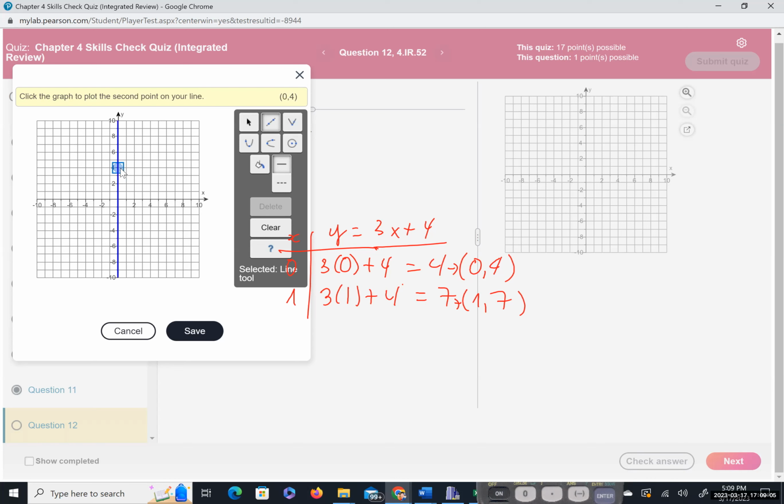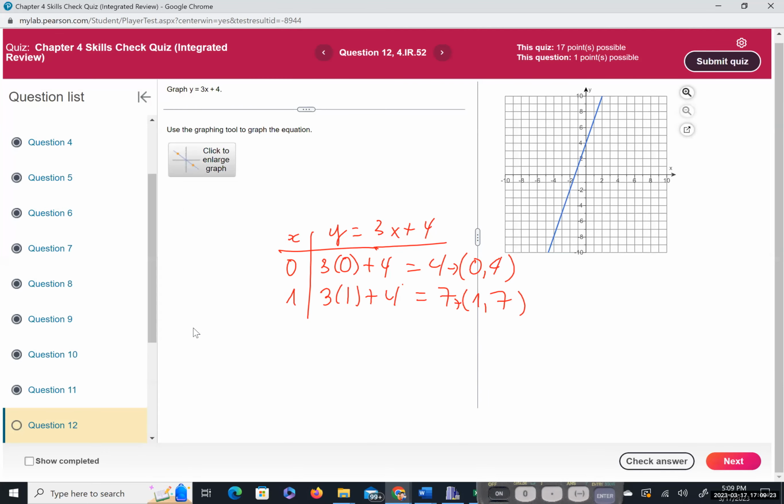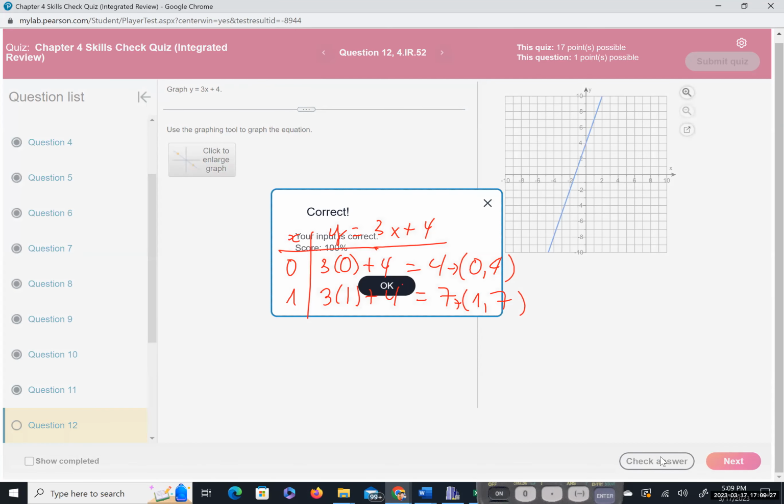That's one. Next, I'm going to choose 1, 7. So here's 1 for the x, 7 for the y. There you go. And then I save, and I'm going to check the answer. Correct. All right.